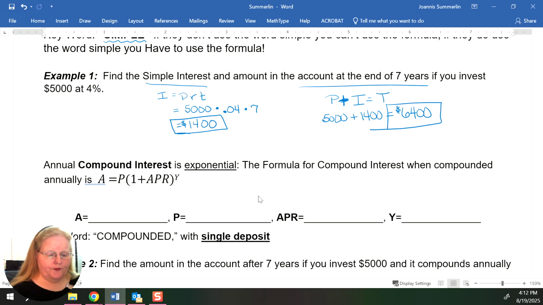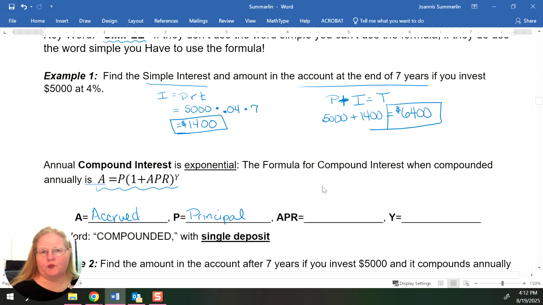I'll show you. There is a formula. Once again, they're going to give you the formula. A equals accrued. Accrued is what you have in the account at the end of the time. P is still your principal. That's what you put in.